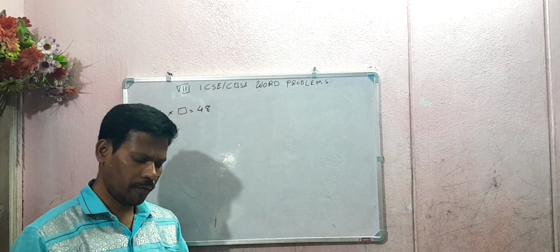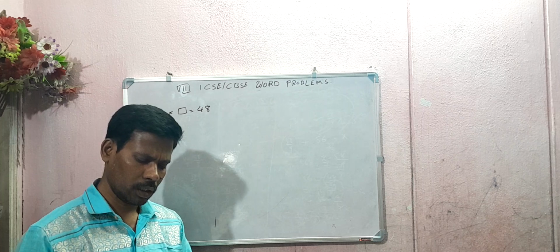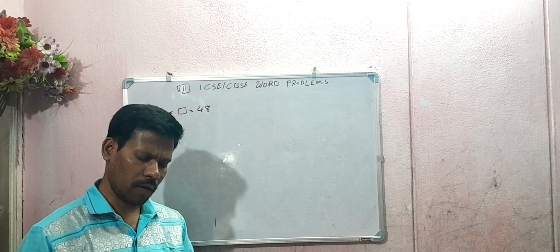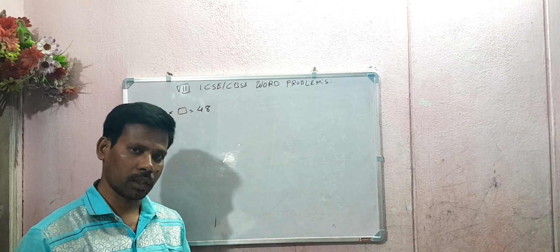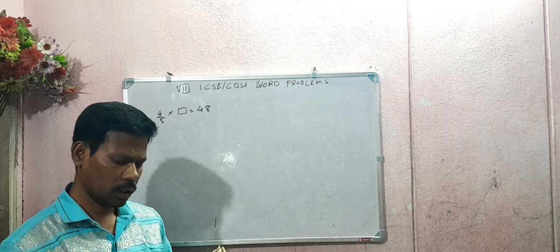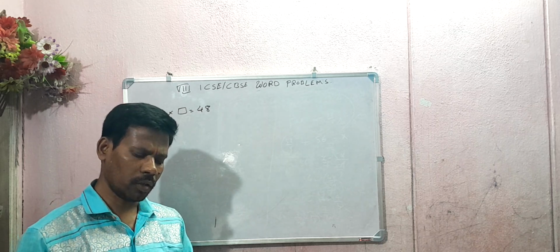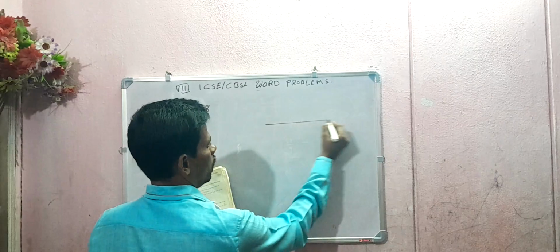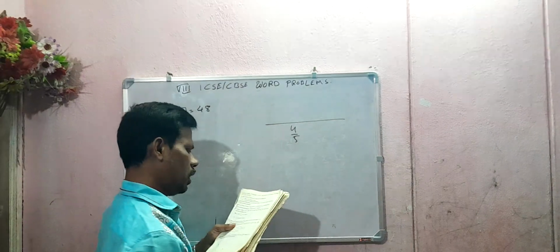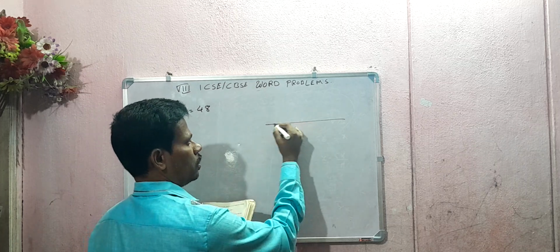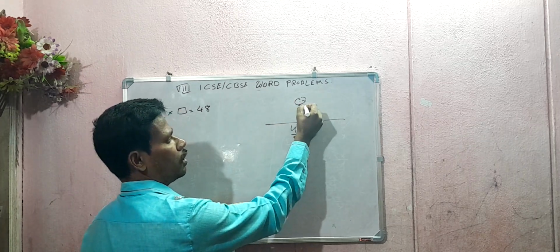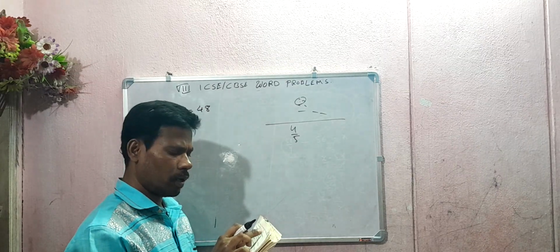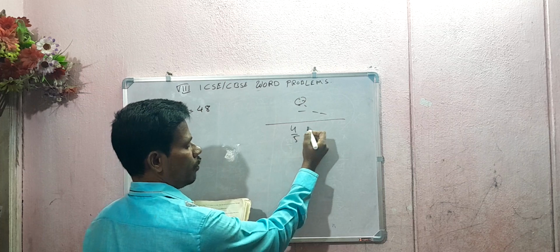After covering 4 by 5 of the journey on a scooter, Ramu finds that he has traveled 48 kilometers. Let the total journey be x. Once again I will read the question. After covering 4 by 5 of his journey on a scooter, one person is riding on a scooter.